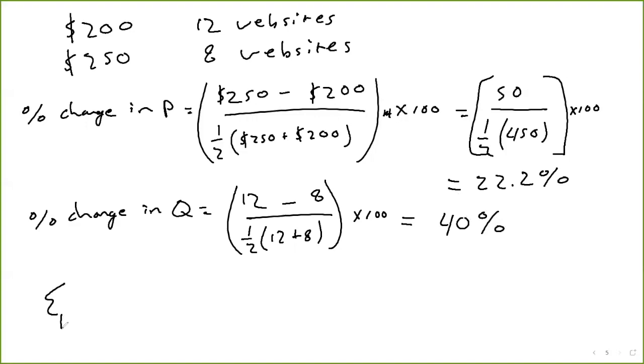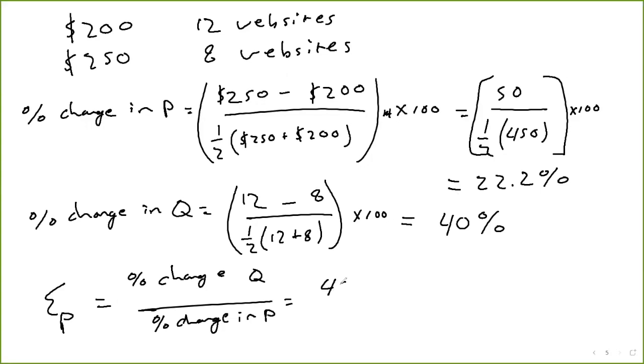And then finally, price elasticity of demand is going to be the percentage change in quantity over the percentage change in price. So 40 over 22.2, which is 1.8.